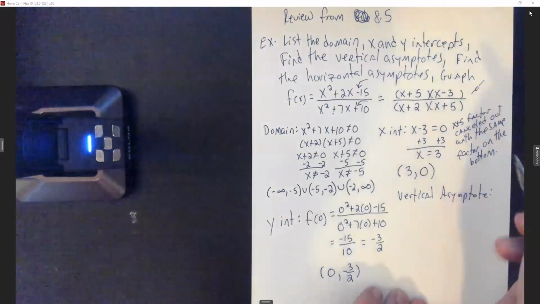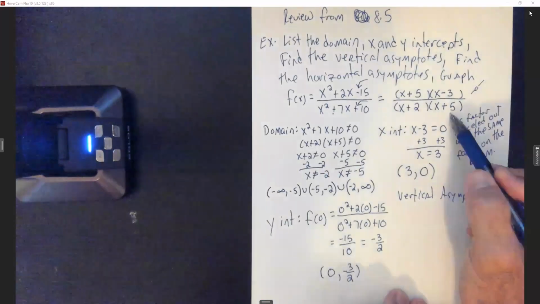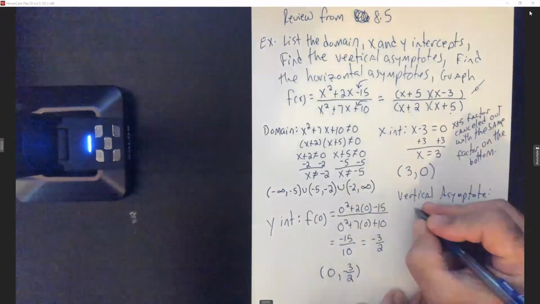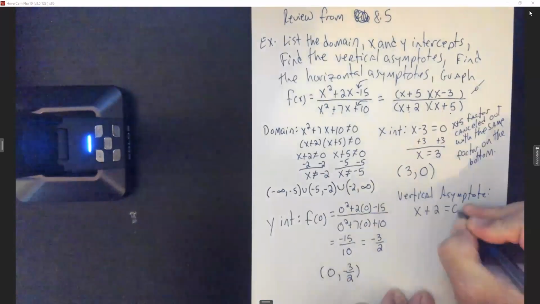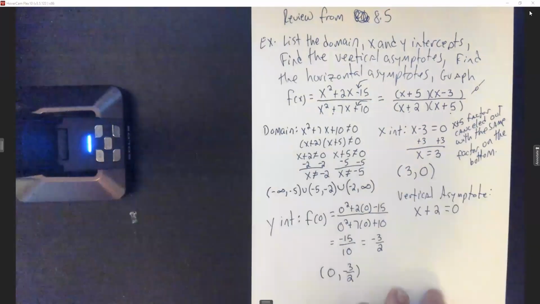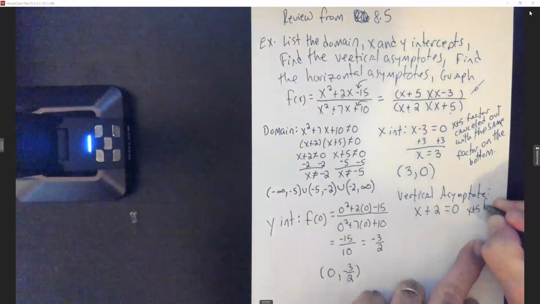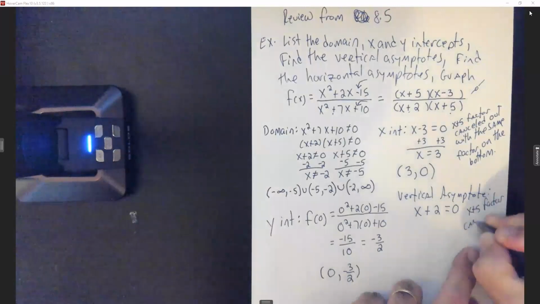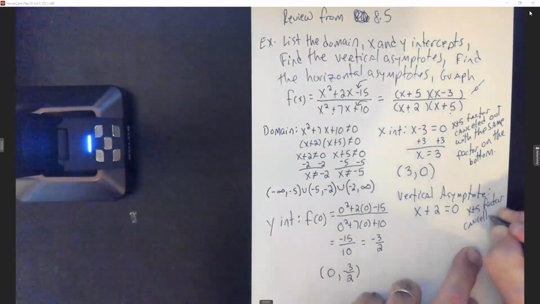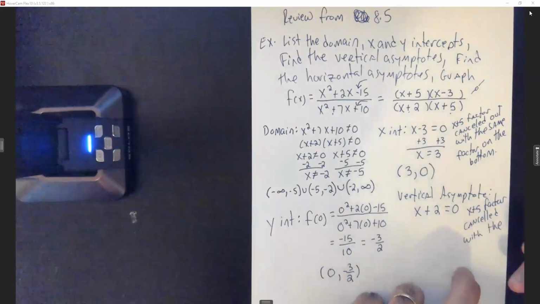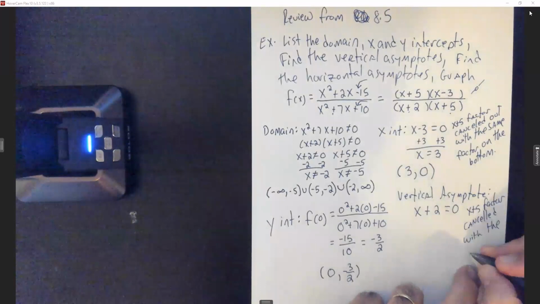So on the bottom, since my x plus 5 factor canceled out, the only factor I've got to worry about is the x plus 2. Set that one equal to 0. And right here, the x plus 5 factor canceled with the x-intercept on top.